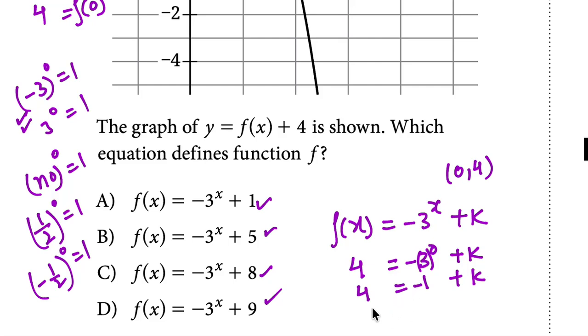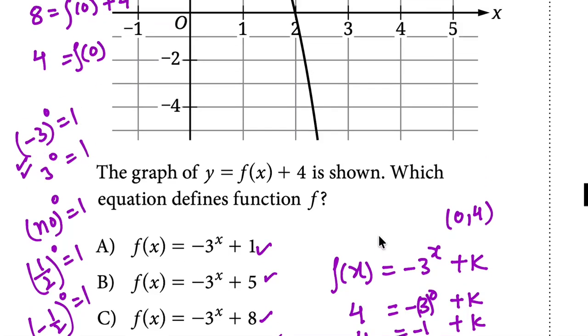Now if I solve this, adding 1 on both sides, k is equal to 5. That means f(x) is equal to -3 raised to power x plus k, which is 5. Now tell me, what I have told, that if the whole parenthesis is raised, it is equal to 1, am I right or wrong?